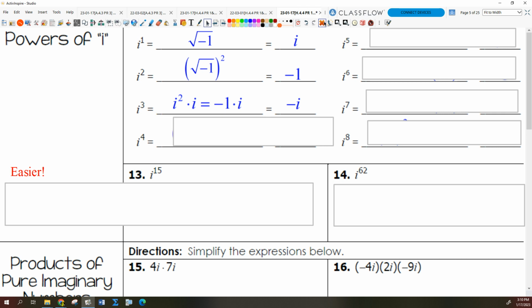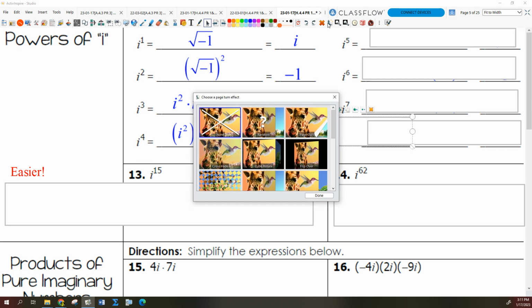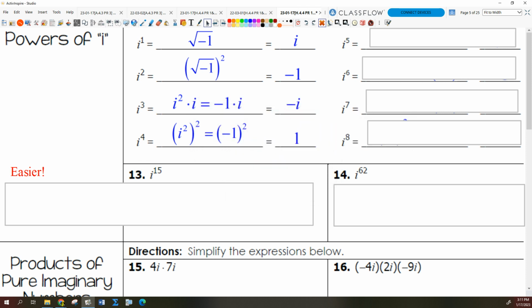But an easier way to do it would just be to do i squared squared. Because if I take a power to a power, I multiply the exponents, right? Well, i squared squared is pretty simple. That just gives me negative 1 squared, which is positive 1, right? Okay, now the rest of them get really simple.